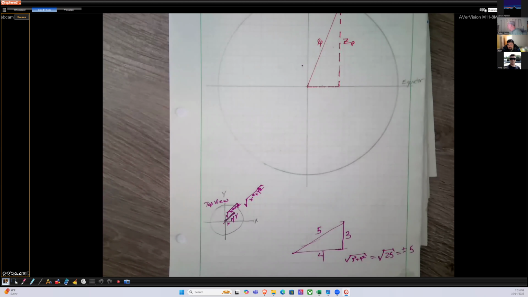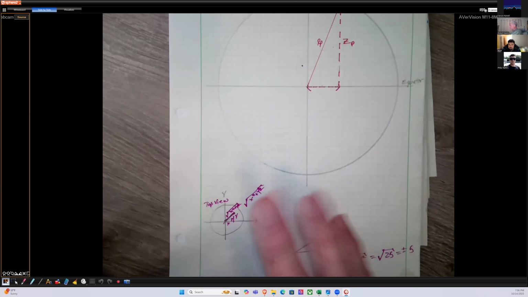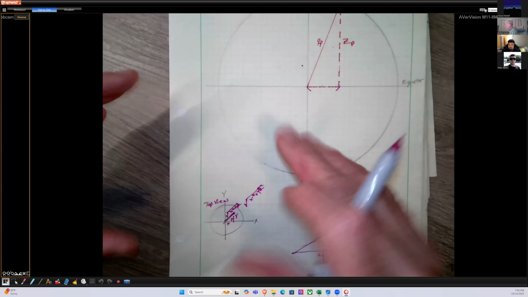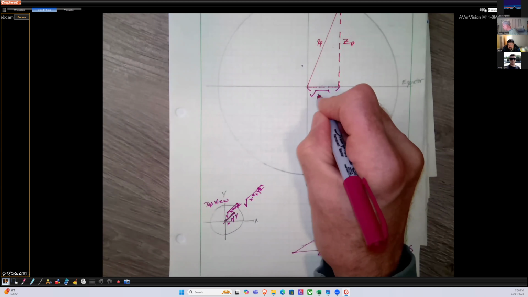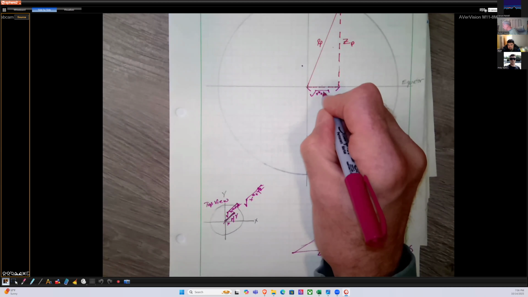So that makes the length of this line right here. Remember, now I'm going to flip it back, so I'm looking laterally at the equator. This is the square root of x squared plus y squared.